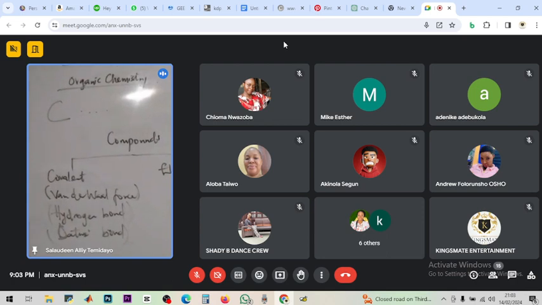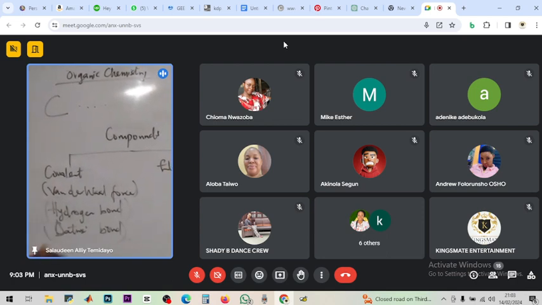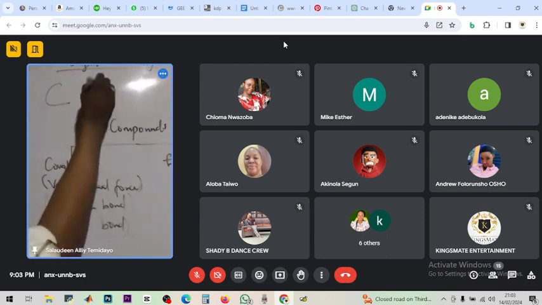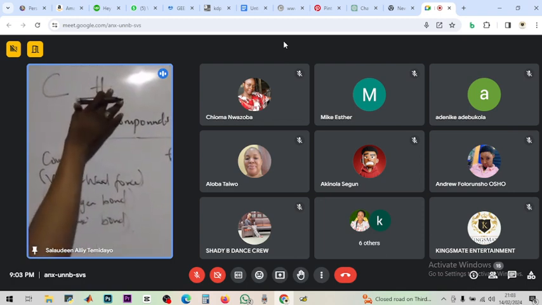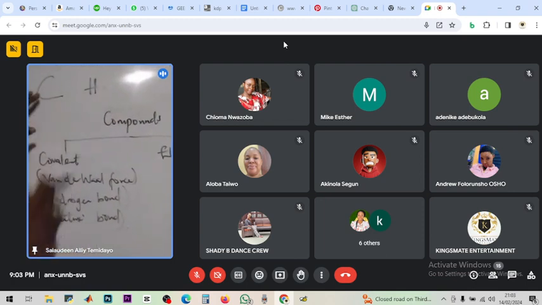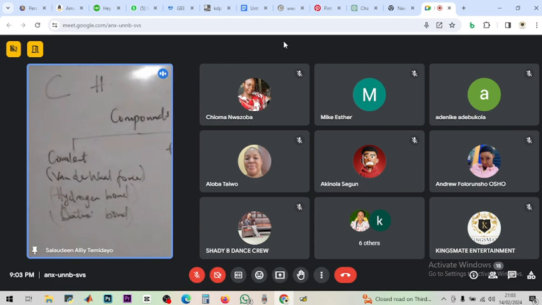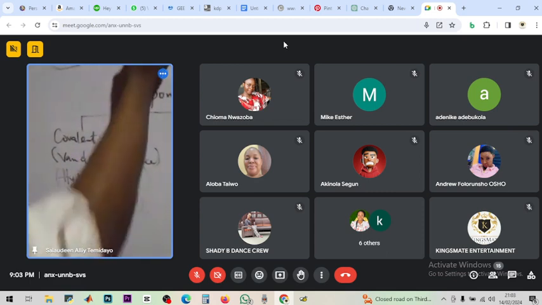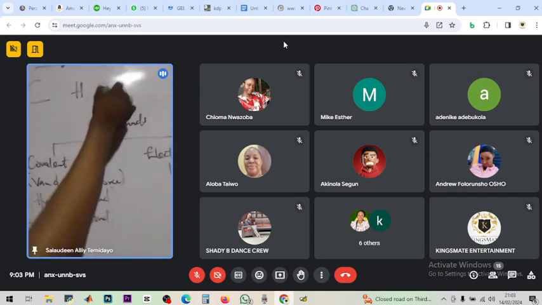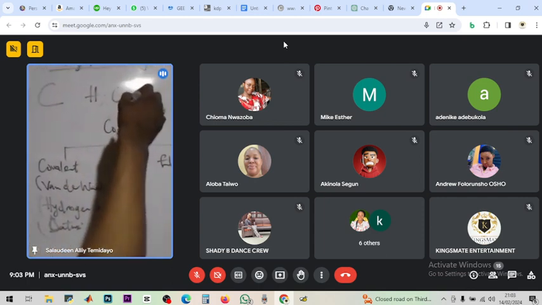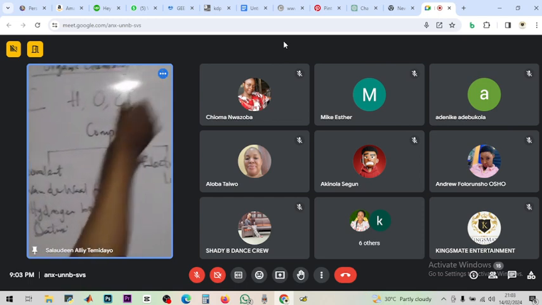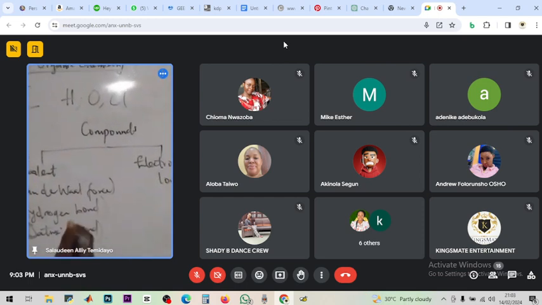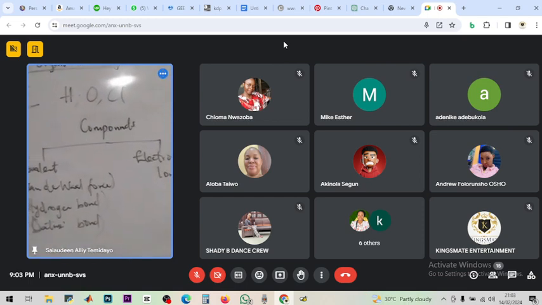Let's say hydrogen, which is the commonest element that combines with carbon to form an organic compound. We have another one, oxygen. We have another one, chlorine.